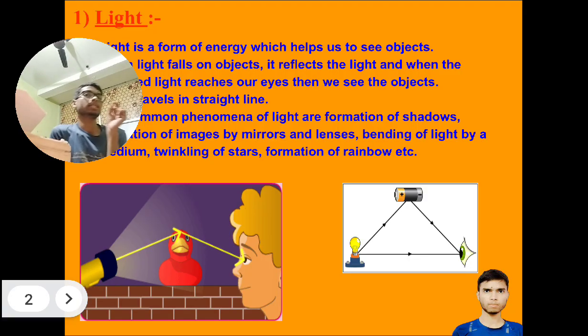Here you can easily see light is coming from the torch, and some lights are going in different directions, but some of them are going towards the object that we want to see. All those lights fall on the object, and then get reflected.